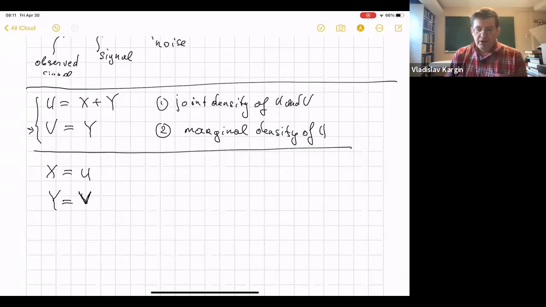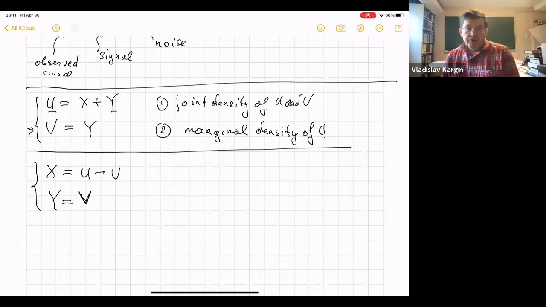And x is equal to u minus y, and since y is equal to v, x is u minus v. So this is our inverse transformation.